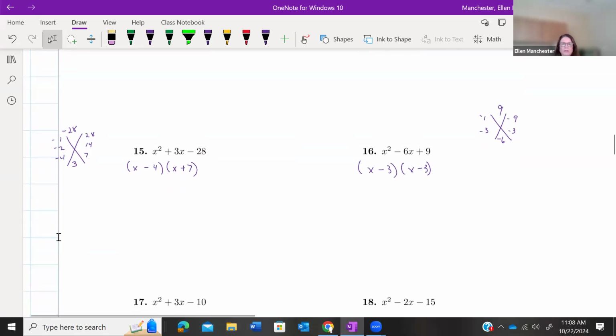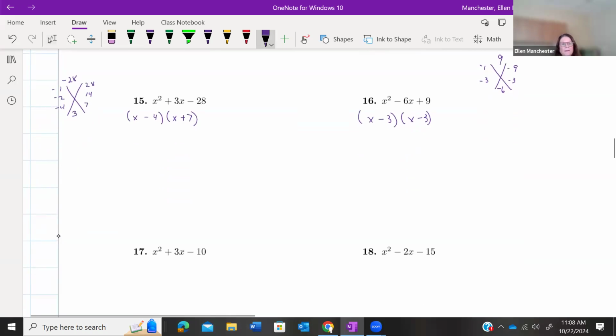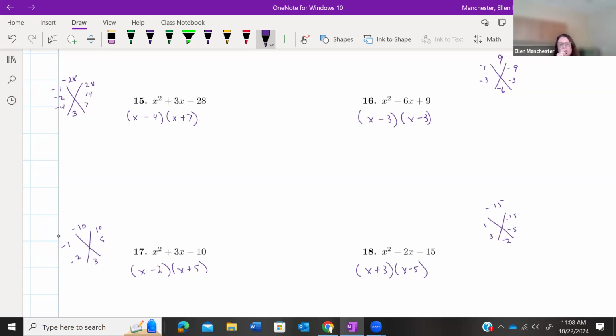You have to put in the time to get really good at these. And there's 17 and 18.